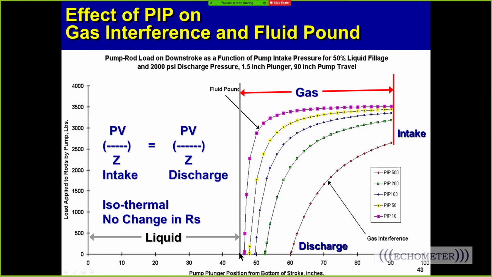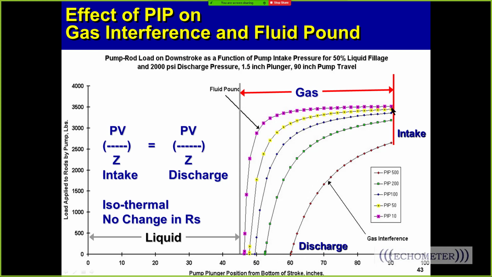I said it wrong. 45 inches of liquid at the bottom of the downstroke has been displaced in the tubing, and then 15 inches of high pressure gas at 2,000 psi. At the top of the upstroke, right here, we're 90 inches from the bottom of the stroke, we have 45 inches of gas and 45 inches of liquid. So we go from 45 inches of gas at 500 psi to 15 inches of gas at 2,000 psi.